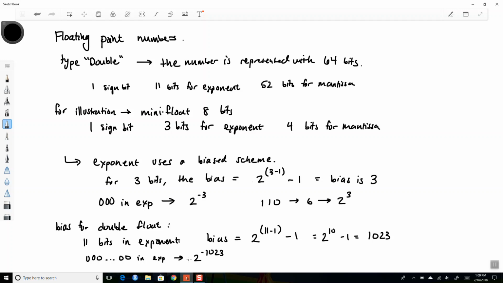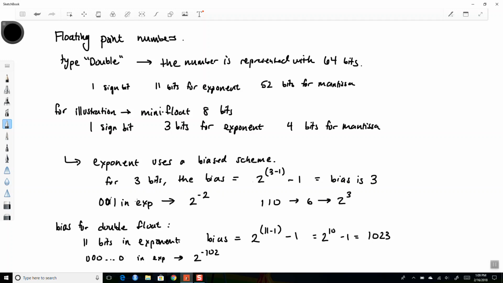Yeah, there's a technicality here. You know what? Let me modify things so these are technically correct, because as I have it written, it is not technically correct. So let me just say 0, 0, 1 in the exponent would correspond to 2 to the negative 2.